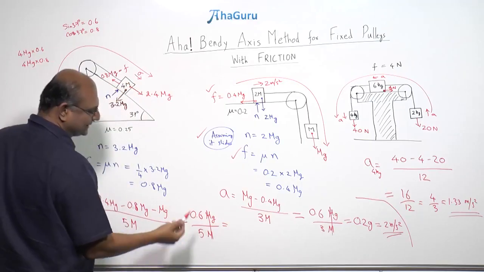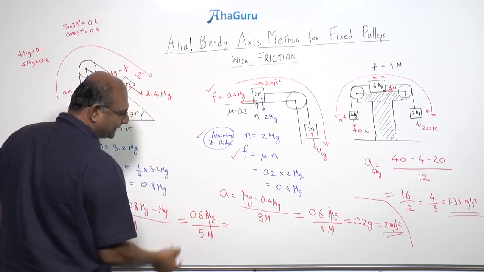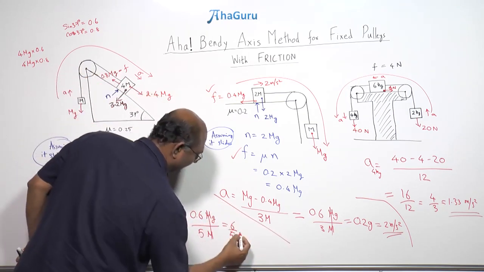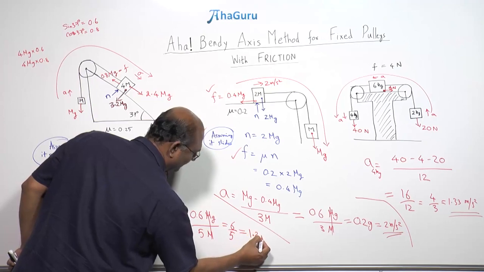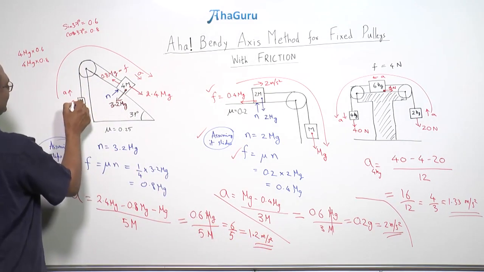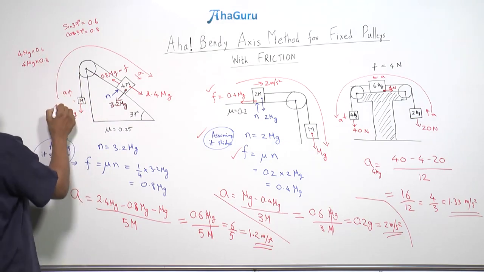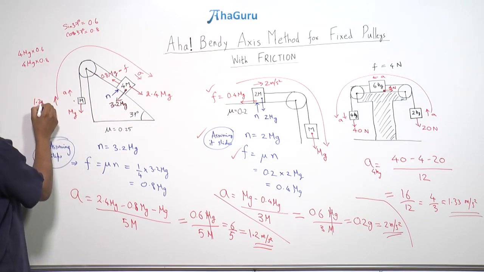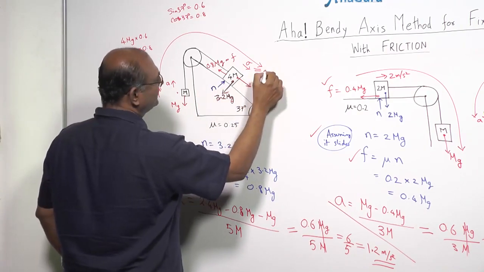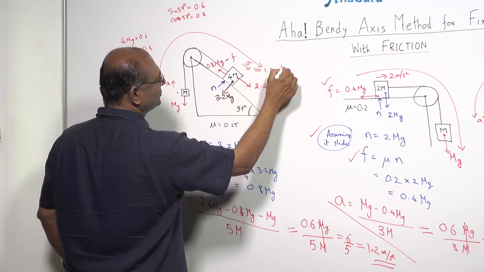Now if I take g as 10, this is going to basically be 6 by 5. 6 by 5 is 1.2 meters per second square. So that means we found out that this fellow's acceleration upwards is 1.2 meters per second square, and this fellow's acceleration like this is 1.2 meters per second square.